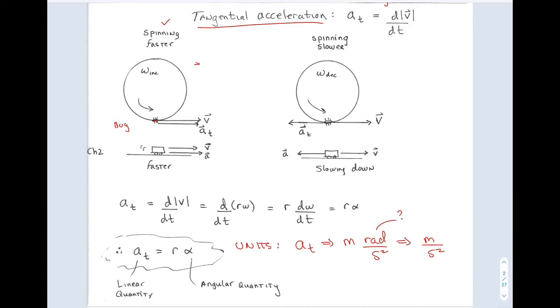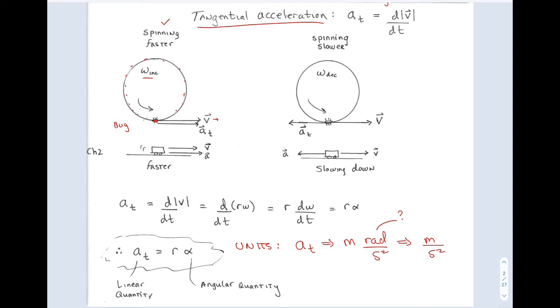This thing is rotating, and the spin rate is increasing, so omega is increasing. If I look at what's happening to the bug at this instant, the bug's going around in a circle. Click. Right here I take a picture of what the bug is doing. Velocity is to the right, but the bug is speeding up, like a car with a speedometer.